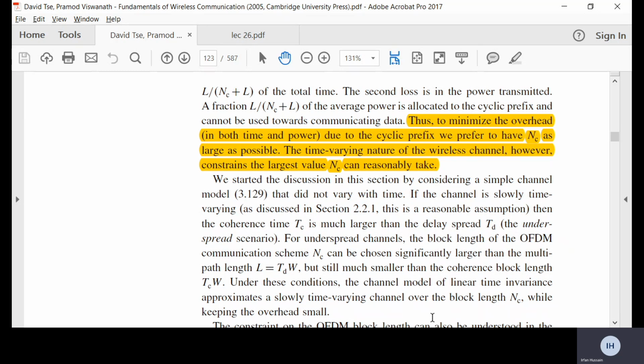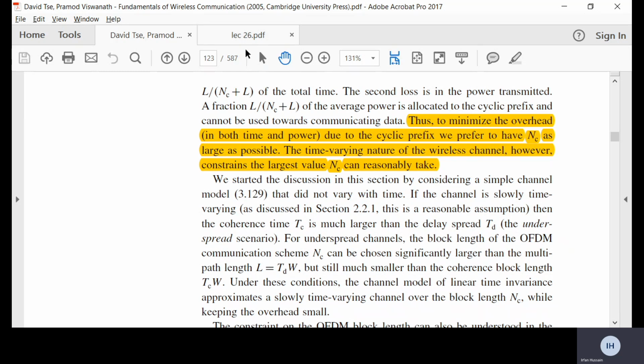First, it has to be larger than TD W. If you remember, we had solved this and L comes out to be tau W. If I replace that tau by TD, I get the delay spread. So NC has to be larger than this L, but much smaller than TC W, which corresponds to the length for the coherence time.